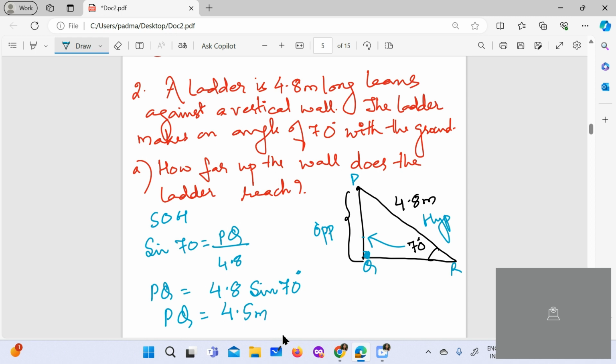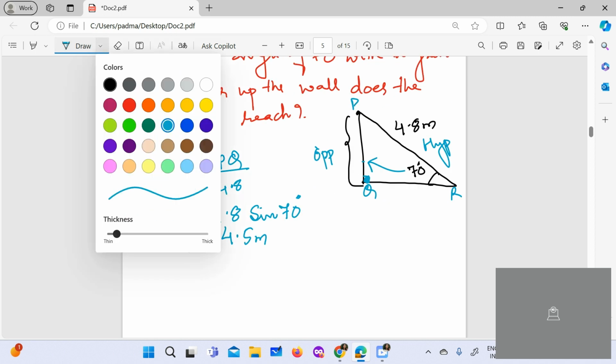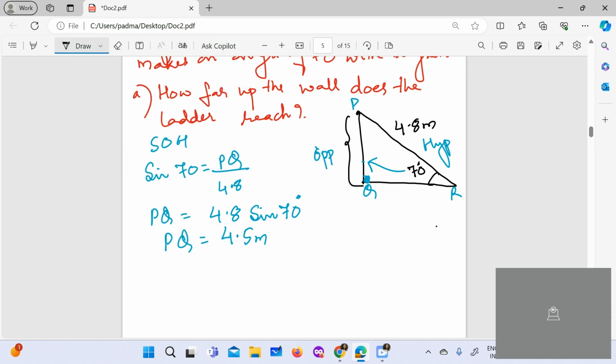Now let's see part B of this question. How far is the foot of the ladder from the wall?